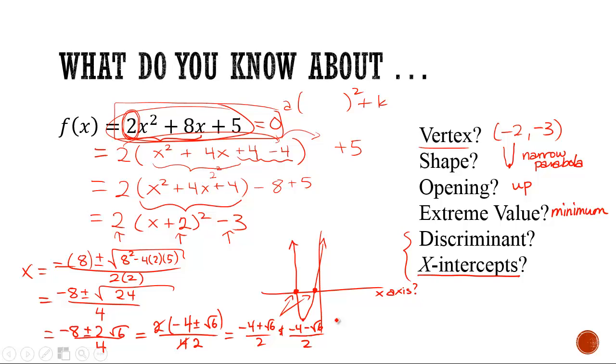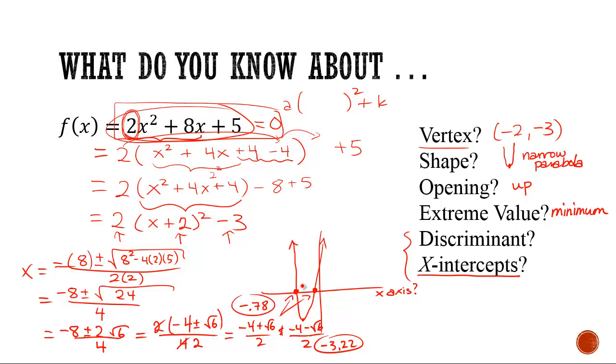You could approximate those as negative 0.78 and negative 3.22. Right, those 2 points are right there. That's where the x-axis is being crossed.